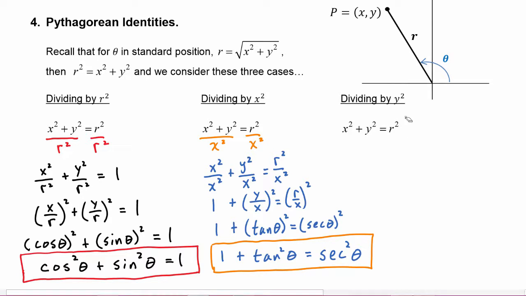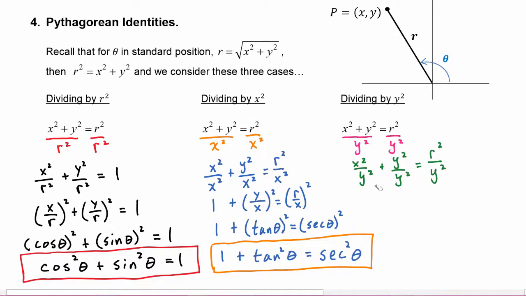To find the last one, we're going to start again from that same equation, x squared plus y squared is equal to r squared. This time we'll be dividing both sides by y squared. So then this will become x squared over y squared plus y squared over y squared is equal to r squared over y squared.